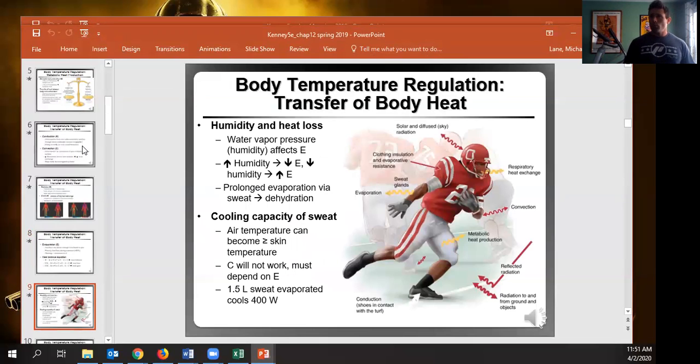Now, what we have is an example of what we're going to see with an individual when they're playing a sport, in that we've got a number of ways that we're gaining that heat and losing that heat. And the key is, like anything else, we want to make sure that we're in balance. Anytime that we're excessively on one side to the other, we're going to have problems.